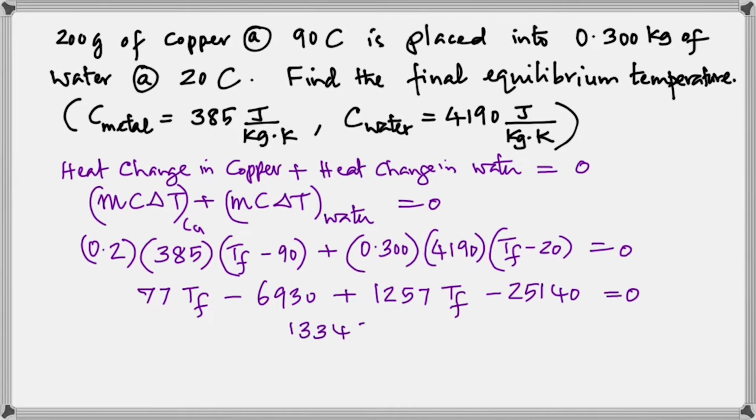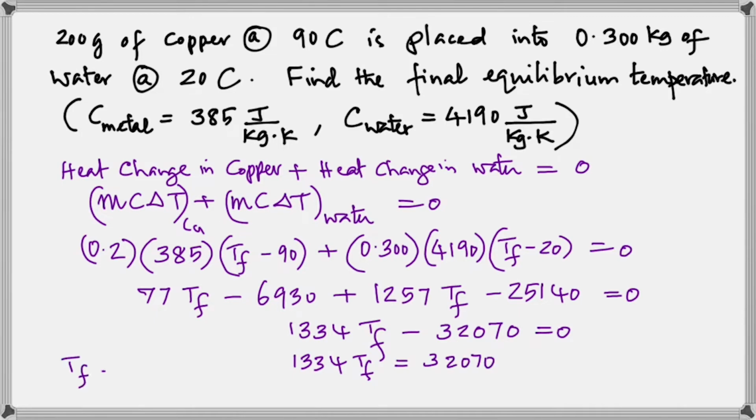So you do all the math, collect the TF terms, get the number, take it to the other side. Don't try to write as fast as I can, because only I can do that. And you get the final temperature as 24.04 Celsius.